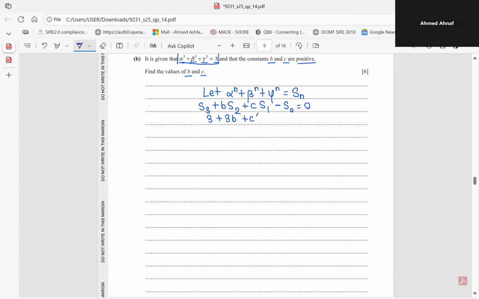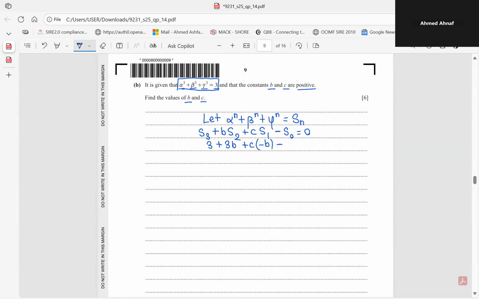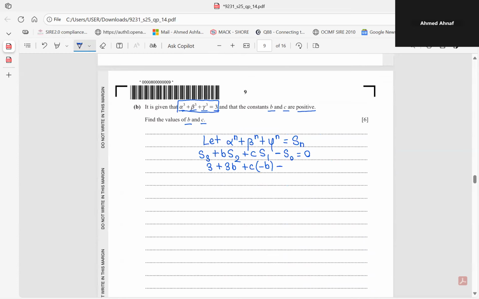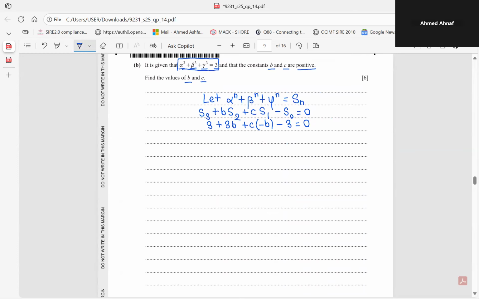So that's just minus bc minus S0. So S0, that's just 1 plus 1 plus 1, which is 3, minus 3 equals 0. Okay, so the 3 and 3 cancel out, and you get 3b minus bc equals 0.